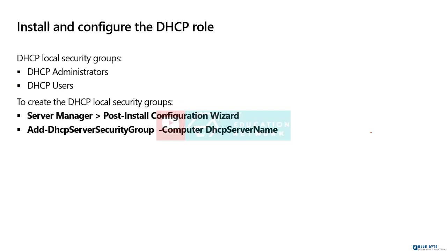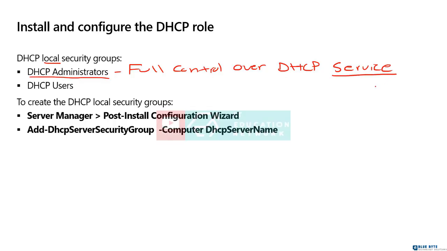When you install DHCP, part of the configuration is also going to create two groups. There is a DHCP Administrators group. Now, this is a local group on the DHCP server itself. If I make a user a member of this DHCP Administrators group, they have full control over the DHCP service.